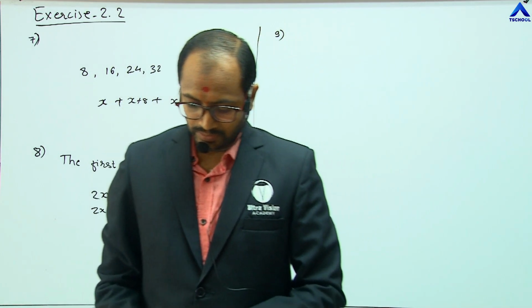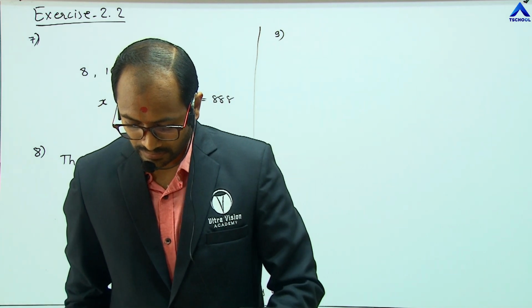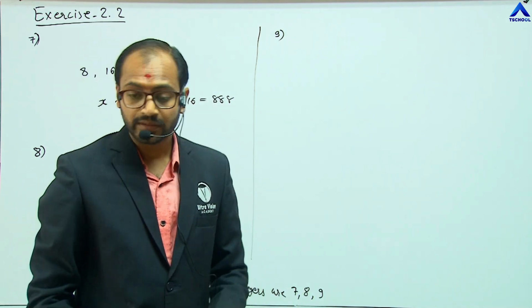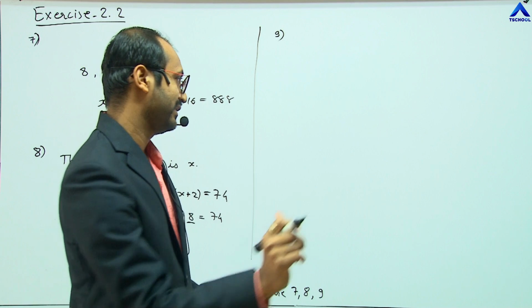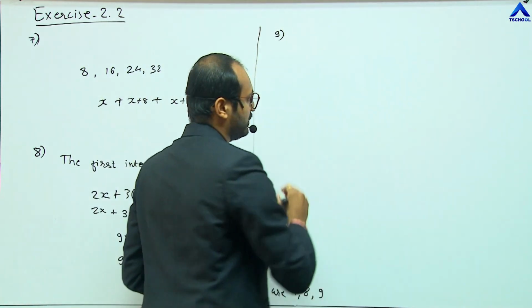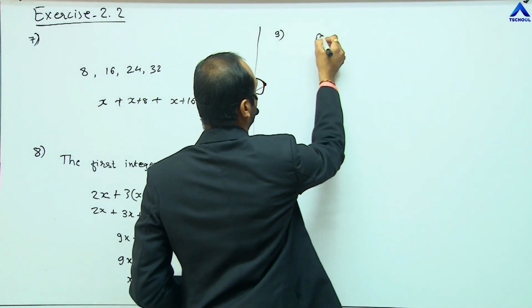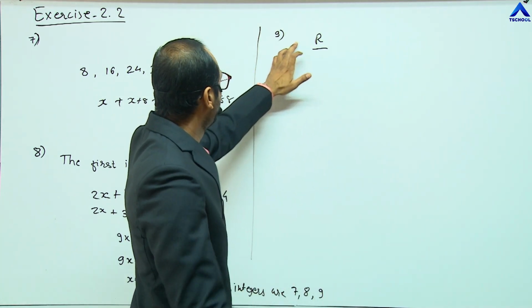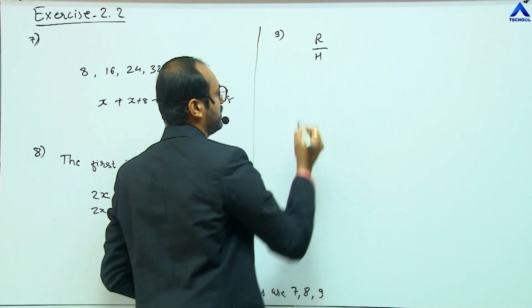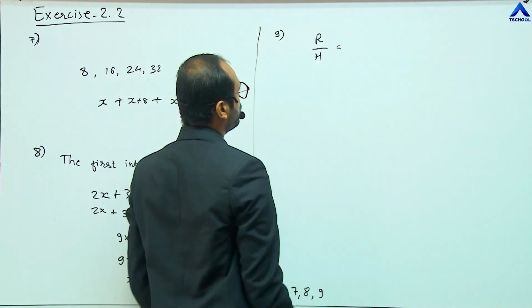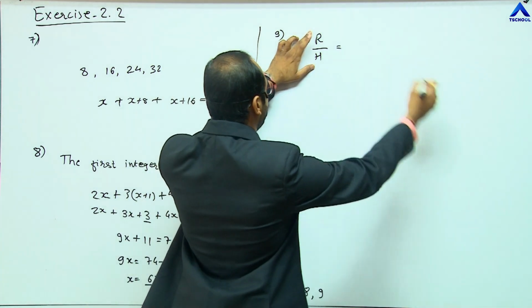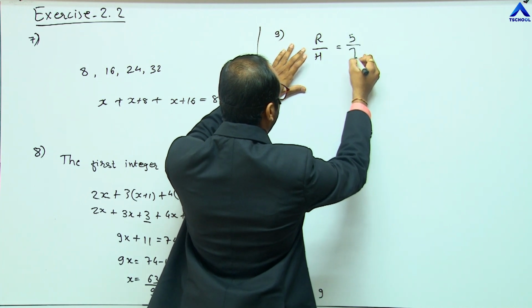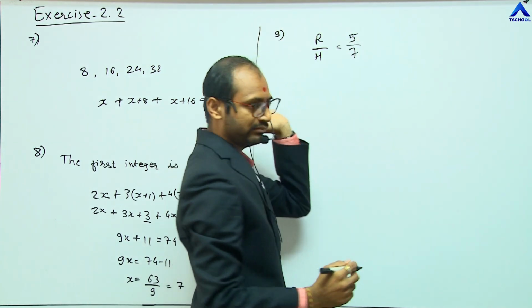We have studied this in detail. So we are denoting Rahul as R in short and Harun as H in short. So the ratio of both ages is 5:7. That means I have to write here 5/7.